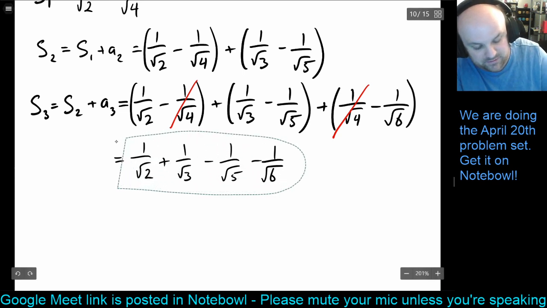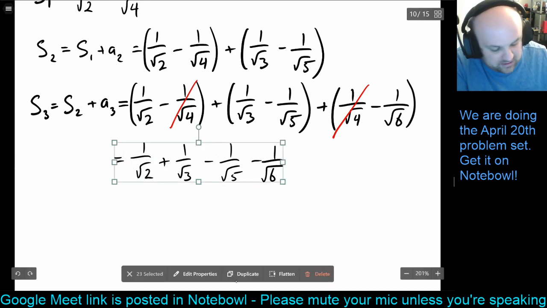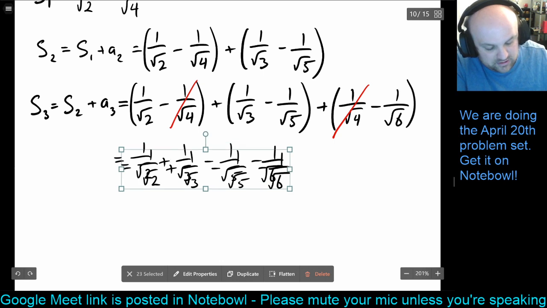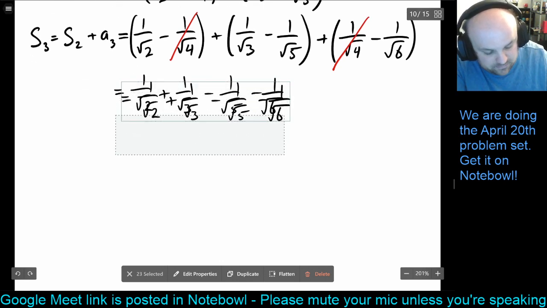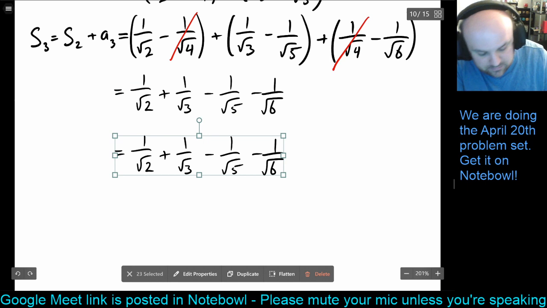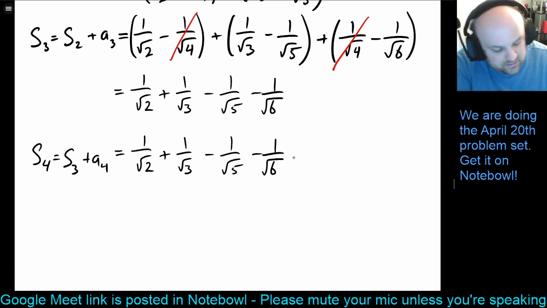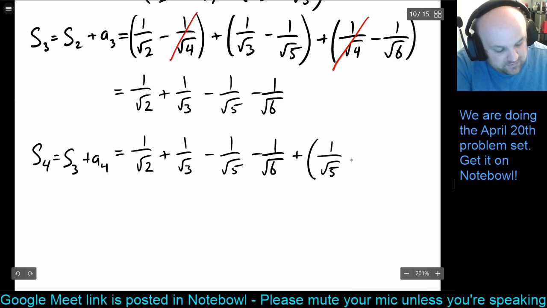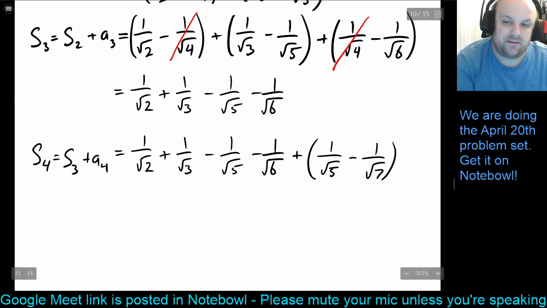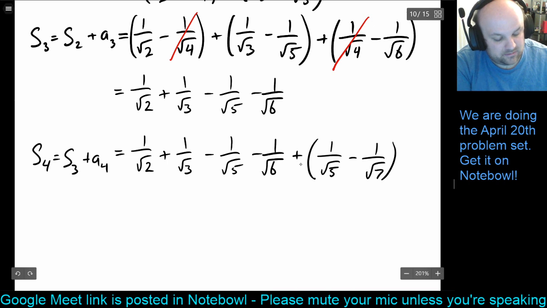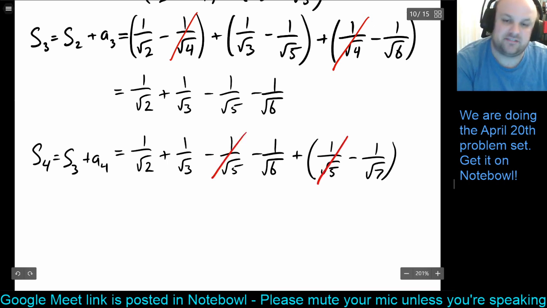If you're having trouble getting the pattern, something that could always help is to try and compute the next one. So S4 is going to be S3 plus a_4. So S3 is this stuff, plus a_4, which is 1 over square root of 5 minus 1 over square root of 7. And if you look at what happens here, this and this cancel now.